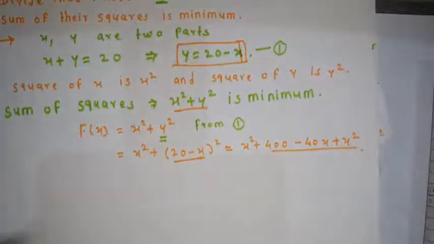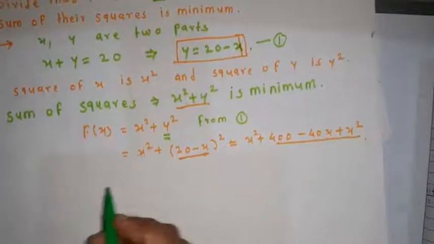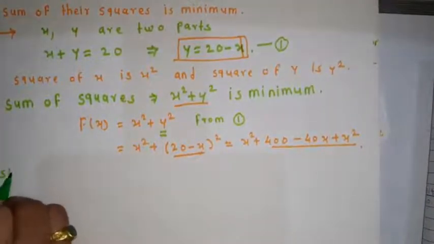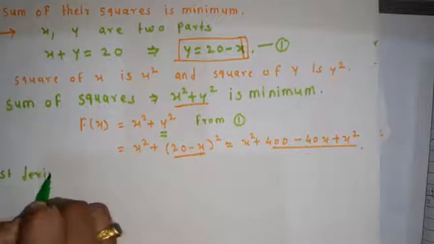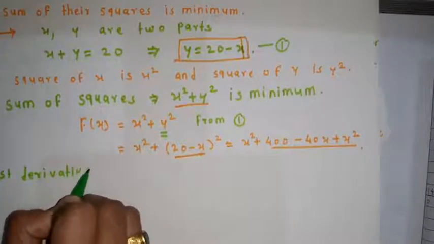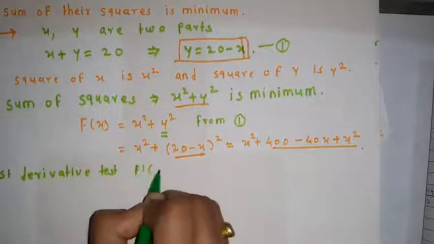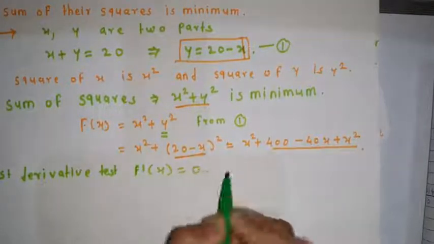Now according to the first derivative test, what is our first derivative test? That is f dash of x equal to 0.